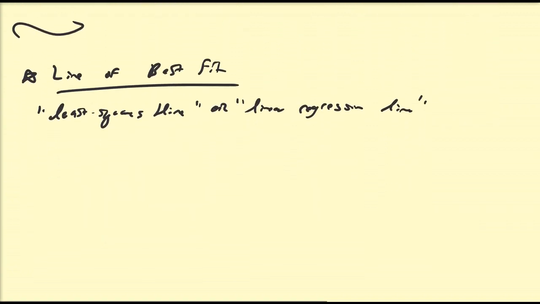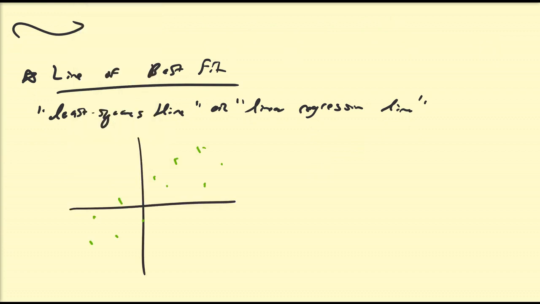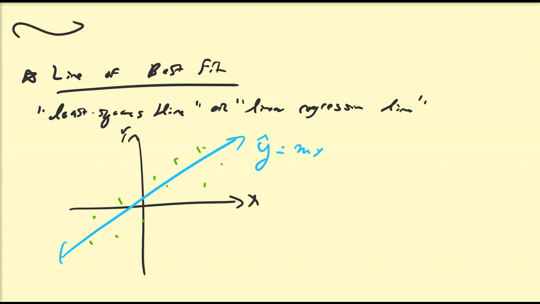What the line of best fit does is it takes your bivariate data x and y. So let's assume this is the x-axis and this is the y-axis. It best fits this data and describes this data in some way. I'm going to call this y hat is equal to mx plus b. So there are two parameters, m and b, that uniquely decide this line that best fits the data.